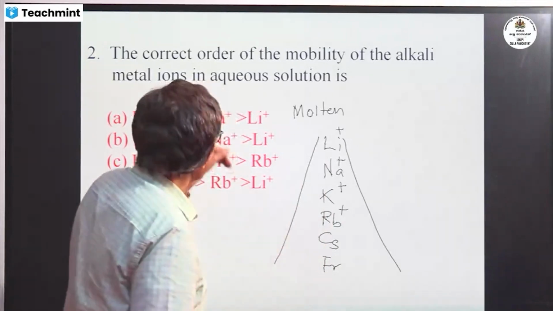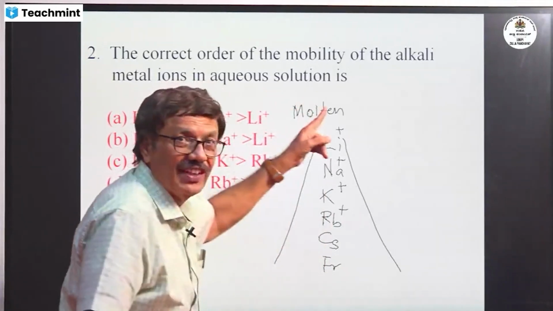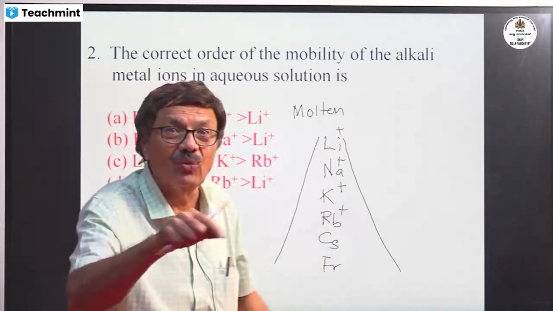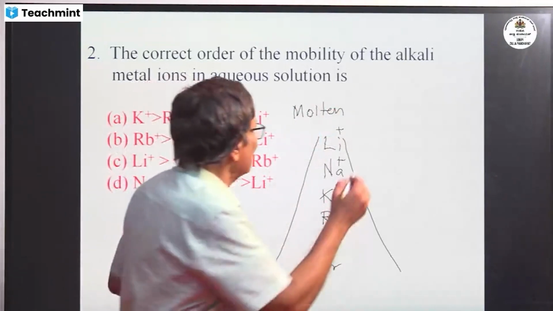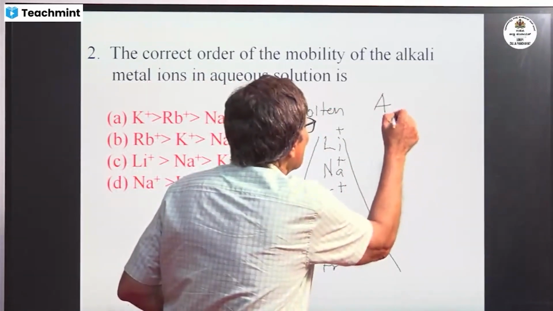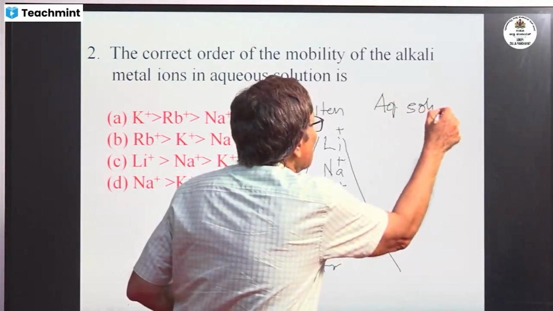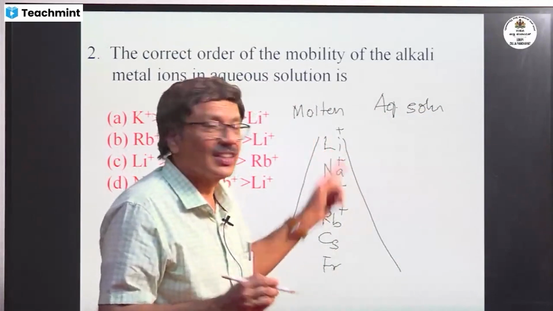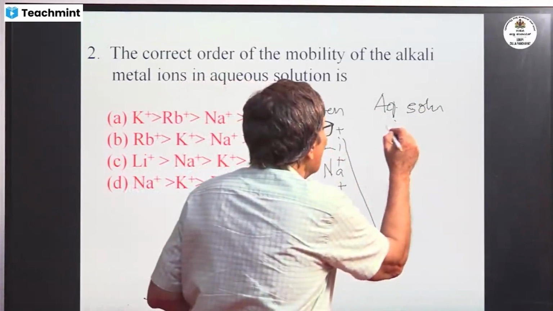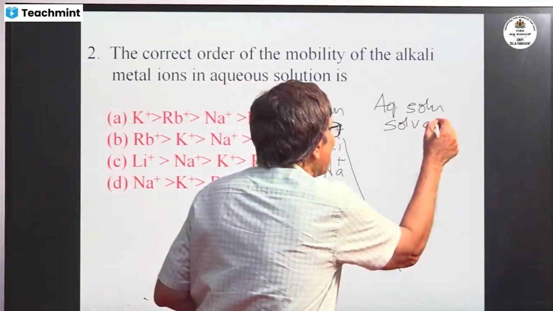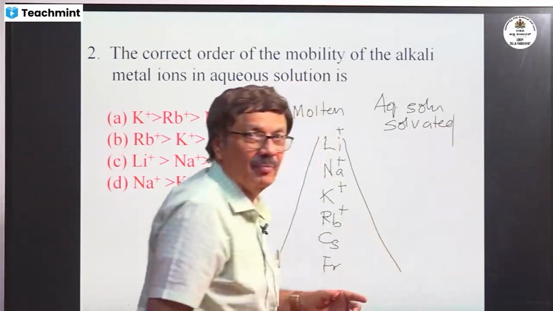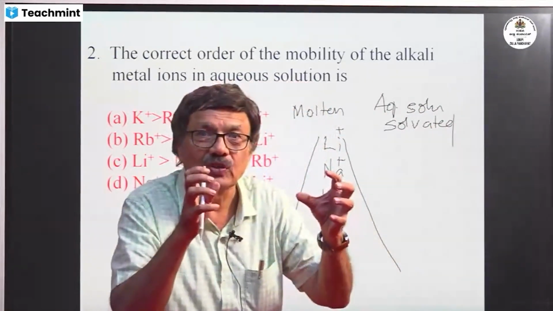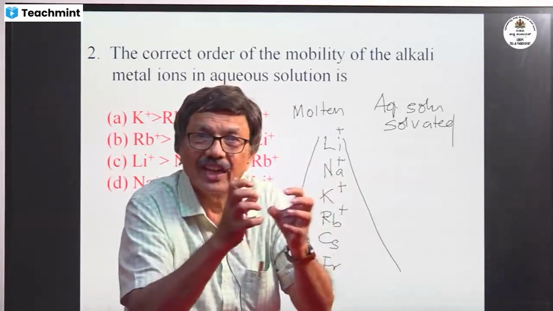But what they have asked is not in the molten state. They have asked it in an aqueous solution. Aqueous solution means dissolved in water. When it is dissolved in water, each ion gets solvated. Each ion gets solvated means water molecules get attached to those ions.